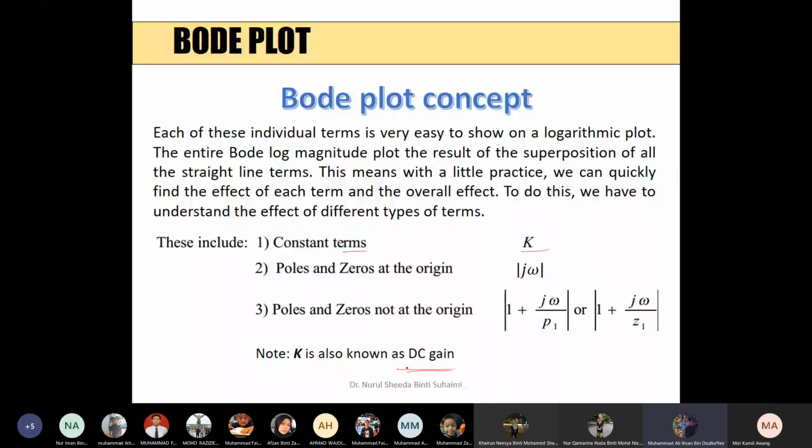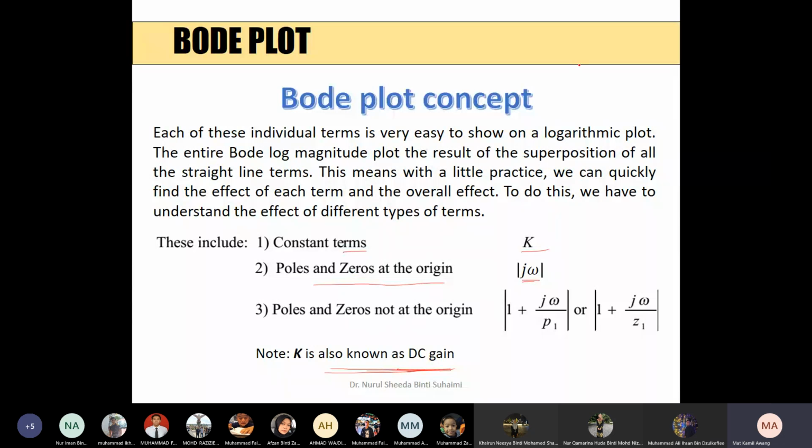Constant. One, poles and zeros at the origin, where you have the magnitude of j omega. If j omega is at the top, then it's a zero. If j omega is at the bottom, at the denominator, it's a pole.